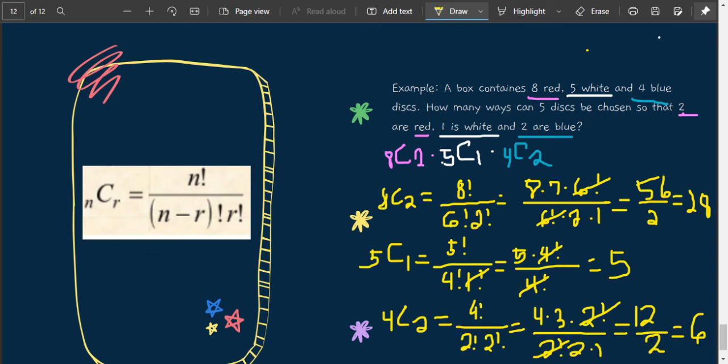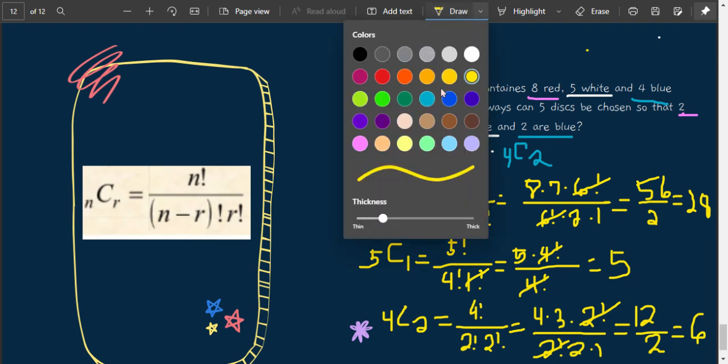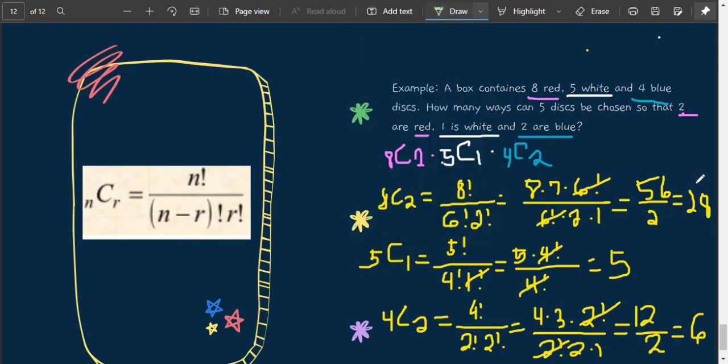So, i-multiply na natin, class, yung mga naging sagot. Ito, yung 28, yung 5, at yung 6. Try on your calculators. 28 times 5 times 6. What will be the answer? That is equal to 840.